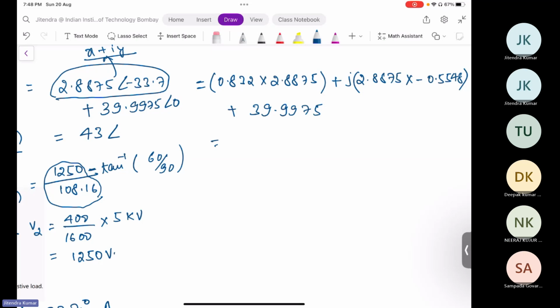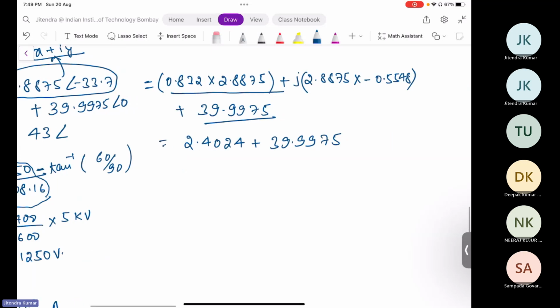Now 0.832 into 2.8875, that is 2.4. So 2.4024 plus this plus this plus 39.9975. Okay, this is the whole real term, plus the imaginary term is in negative because it was minus.